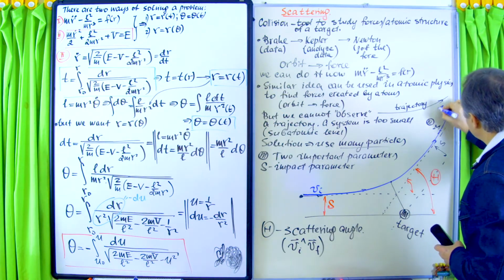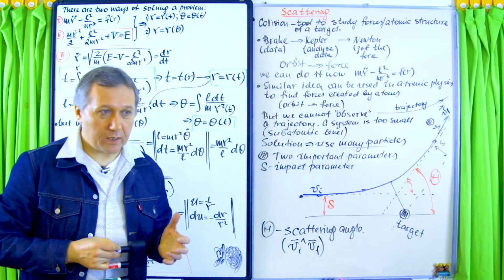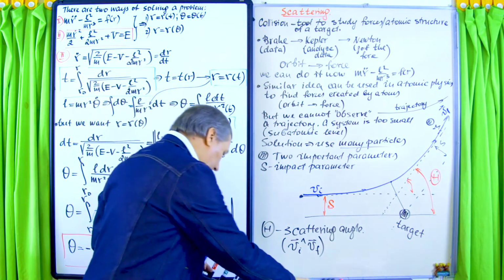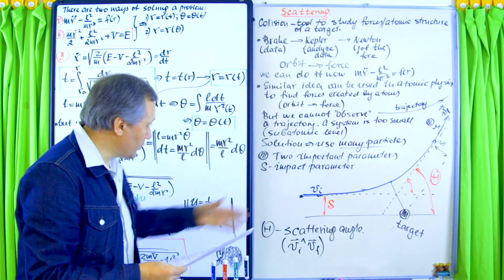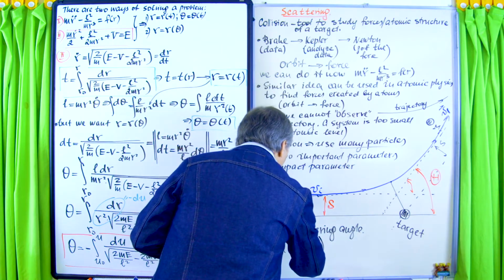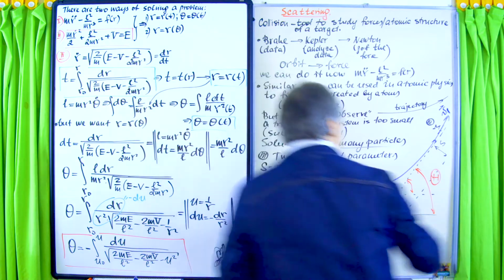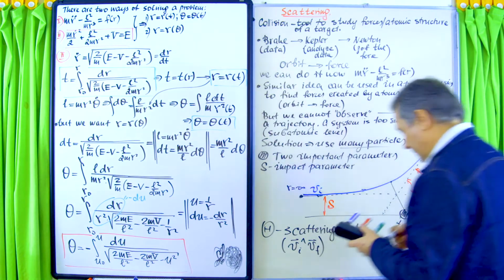Or the angle between asymptotes, right? Then let me check if I mentioned everything which I was planning. Yeah, so probably I should also write down r equals infinity, and of course here it's r equals infinity, right?